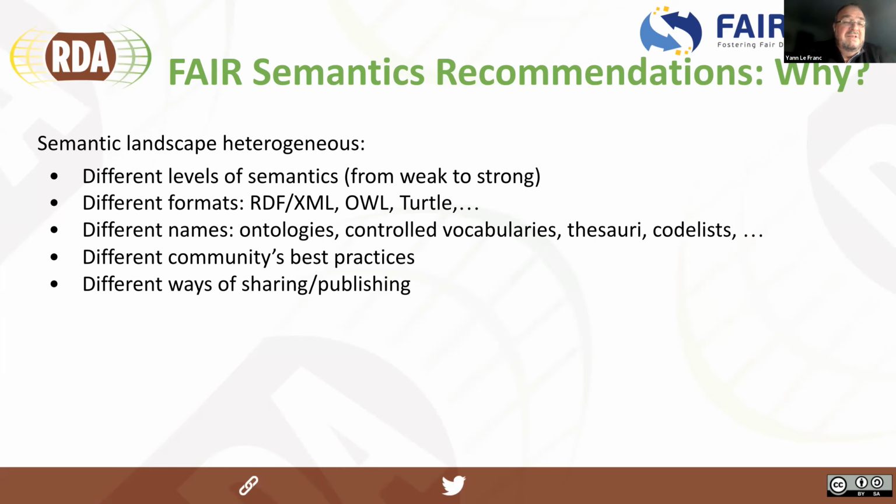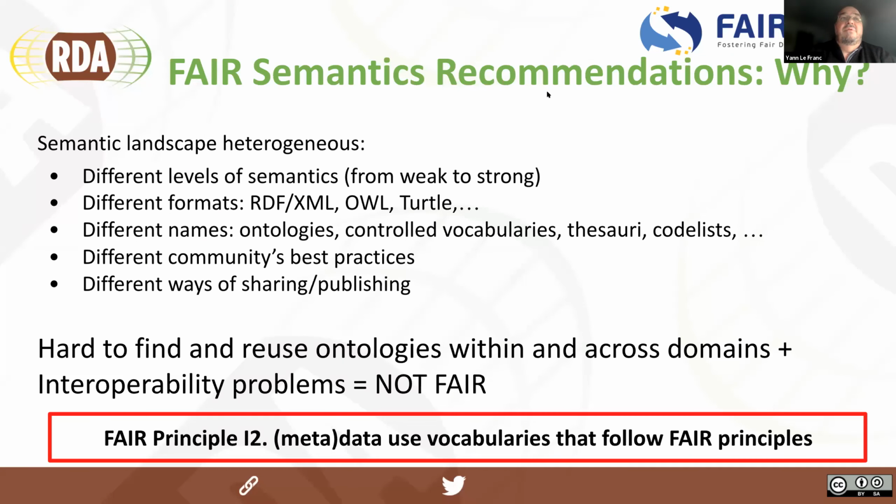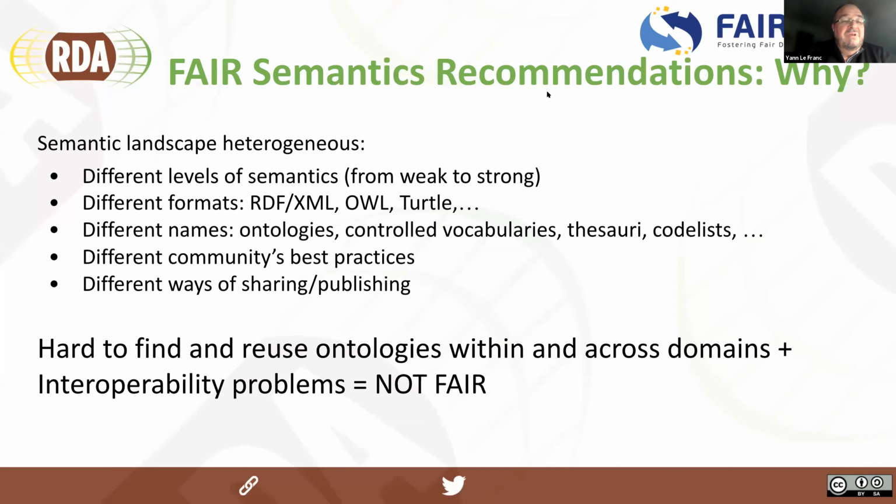There are different communities, best practices, and different ways of sharing and publishing, which makes it hard to find and reuse ontologies within and across domains, and leads to a lot of interoperability problems. So basically, the current landscape of semantic artifacts is clearly not FAIR.